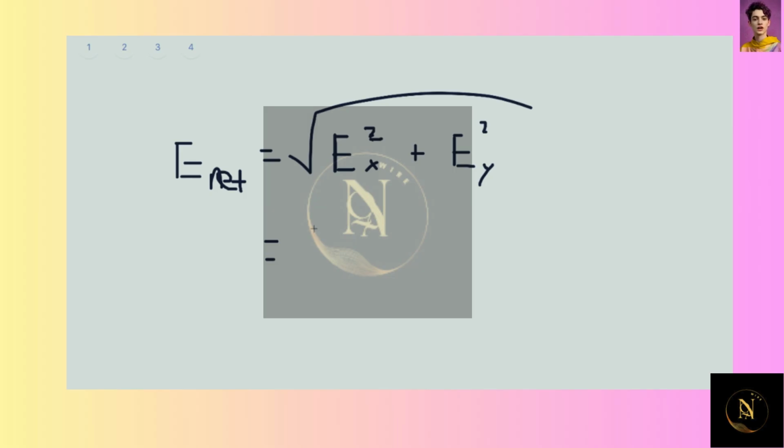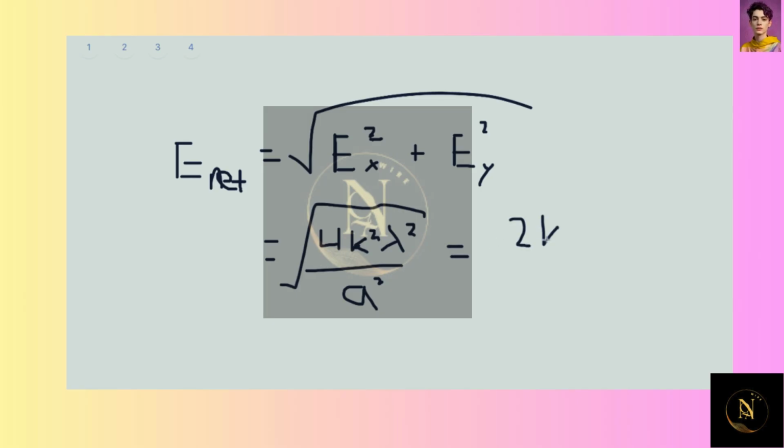So we should just get something like, well, let's work it out. Let's see. Minus 2k lambda over a squared will be 4k squared lambda squared over a squared. Then we have to have the square root. Then we get 2k lambda over a.